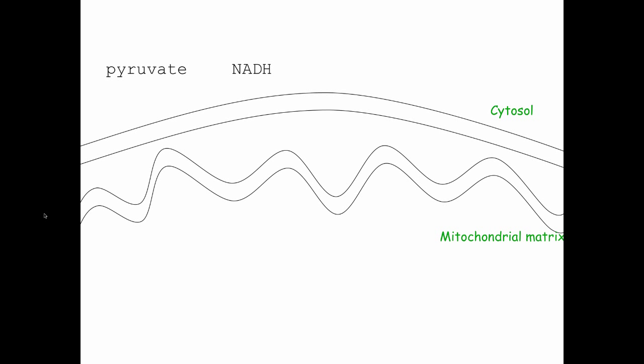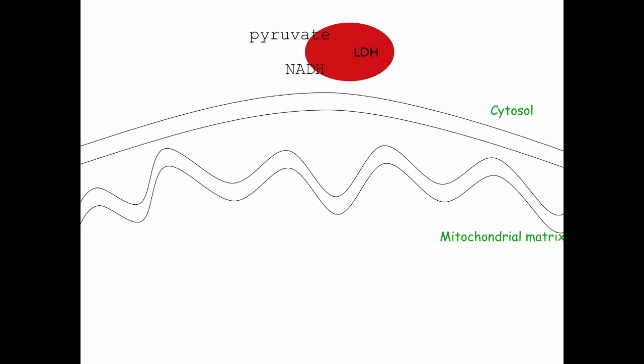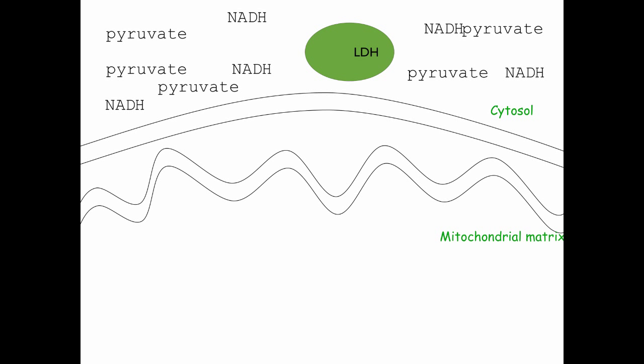So as an illustration, when MLDH, the isoform found in type 2 muscle fibers, is present, it only takes a little bit of NADH and pyruvate to have a reaction occur where lactic acid is formed and NAD. In contrast, when you have the HLDH isoform, it takes a lot more substrate for a reaction to happen.